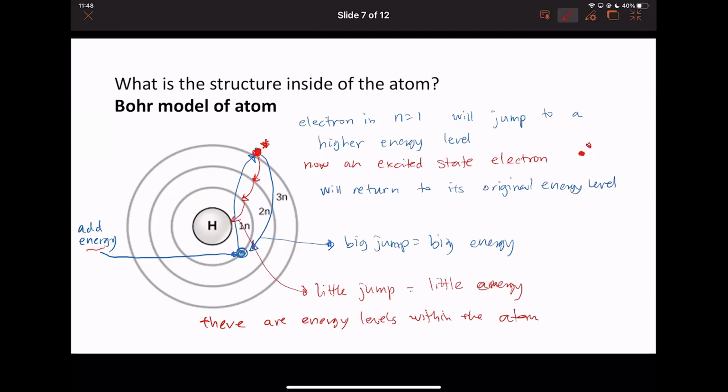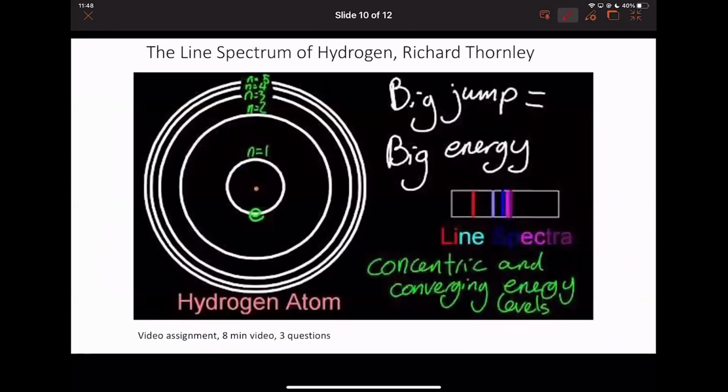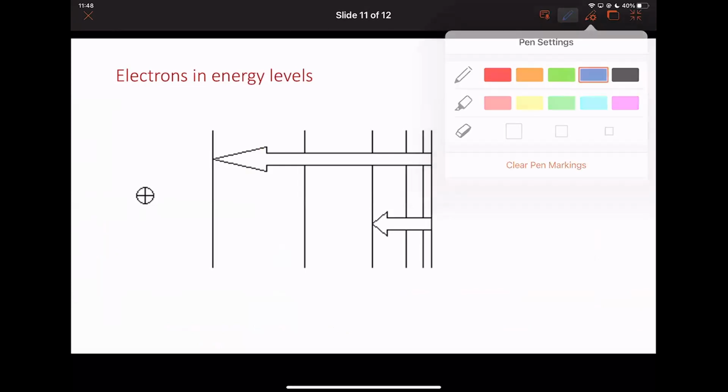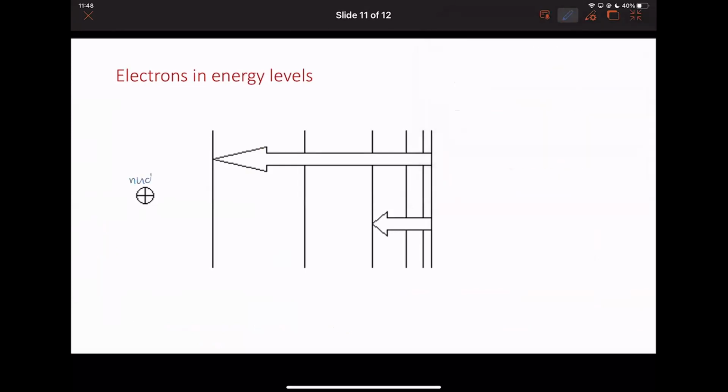Okay, so here we have, going back to your lab procedure, these examples of transitions. Electrons are in those energy levels, and this is the nucleus. There's the positive proton in the nucleus. This is a big jump, a big amount of energy.